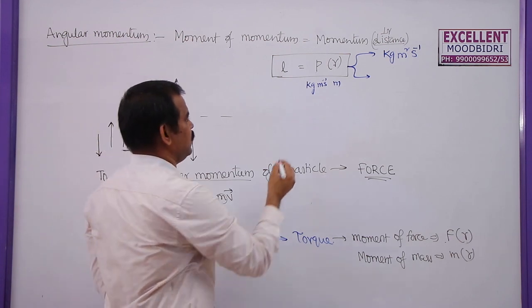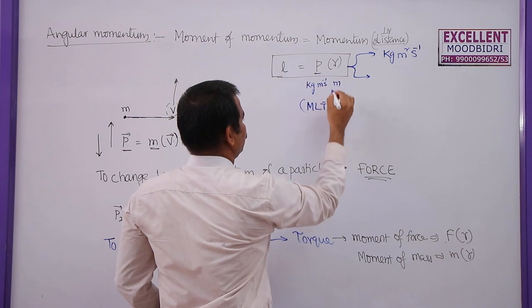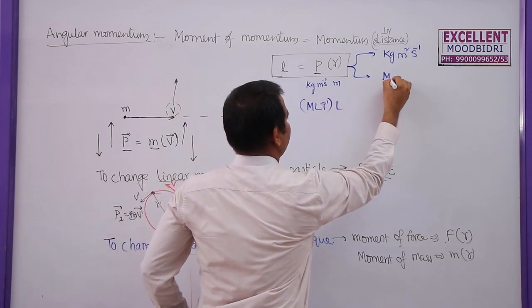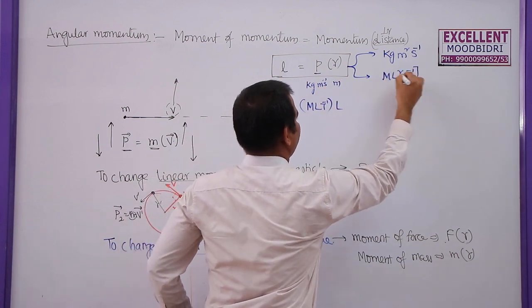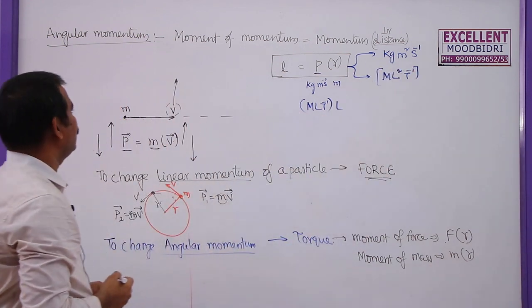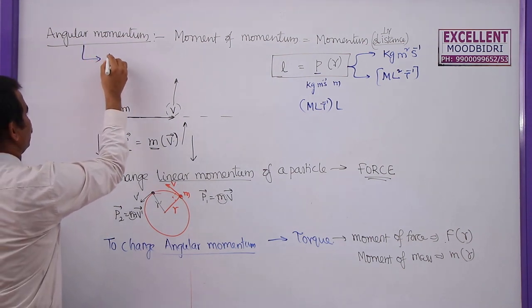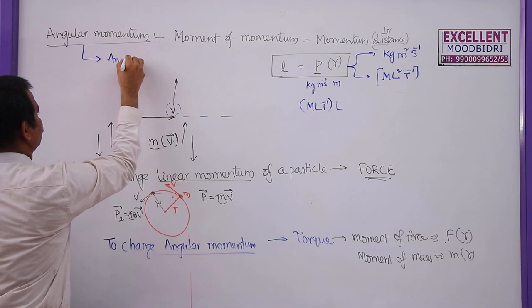Similarly, the dimensional formula: momentum is mass into velocity, into the distance, which is given by M L square T minus 1. This is the dimensional formula for angular momentum, which is analogous to linear momentum in translatory motion.